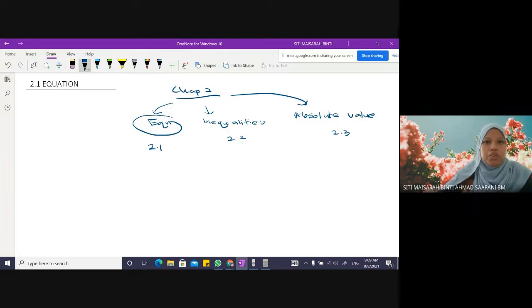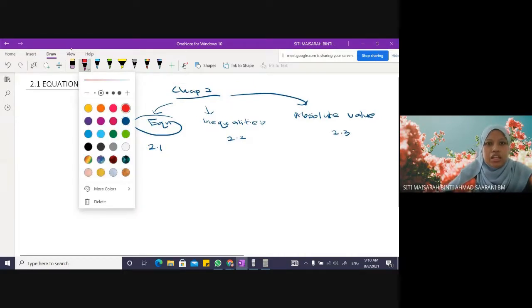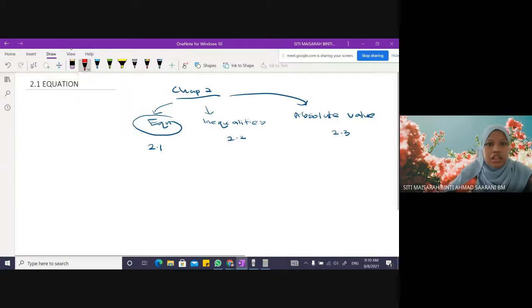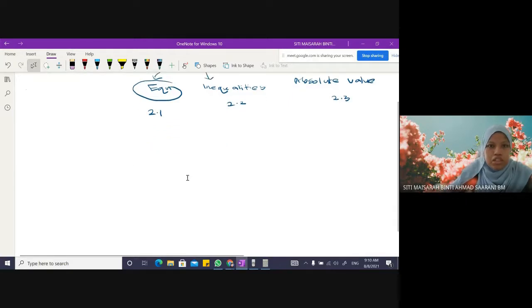So for subchapter 2.1, equation, for this subtopic, we are going to learn and emphasize solving equations.